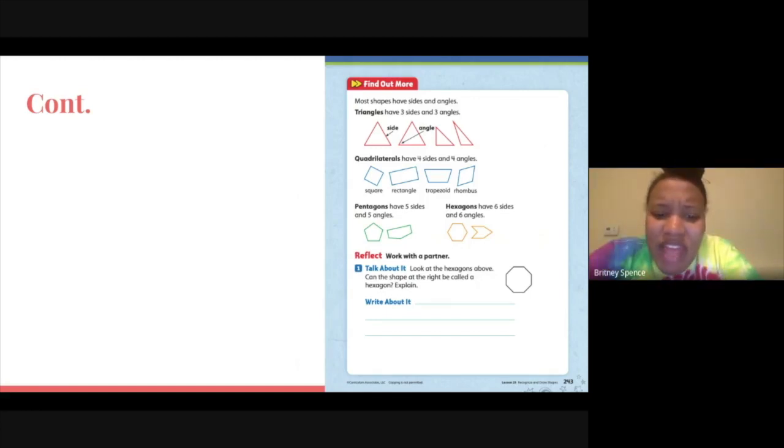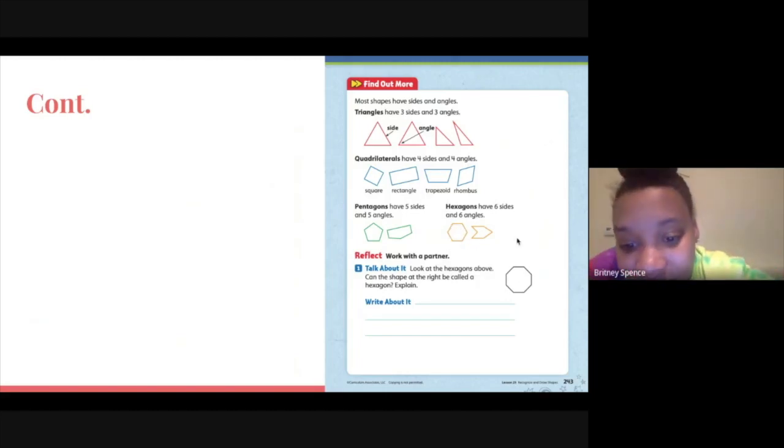So it says reflect, work with a partner, and you can talk to your parent or your sibling or your grandparents if you need to with this. It says look at the hexagons above, in the yellow. Can the shape at the right be called a hexagon? Explain. So when I think about a hexagon, number 1, I remember Miss Spence saying that a hexagon has 6 sides and 6 angles. So what I'm going to do first is count the different sides of this shape.